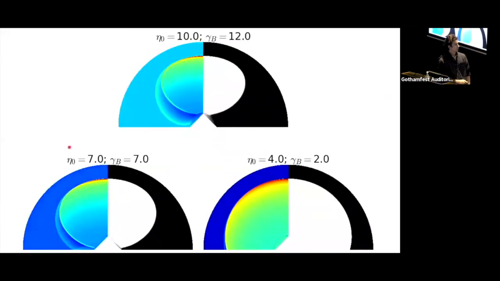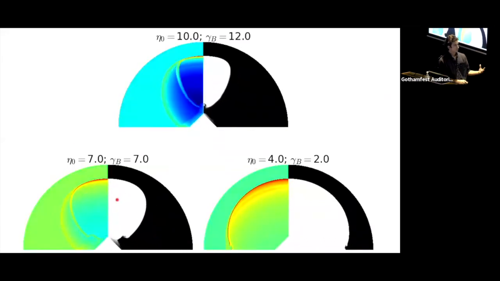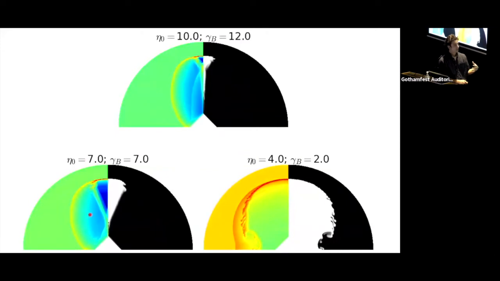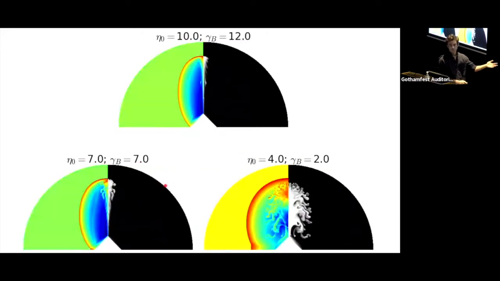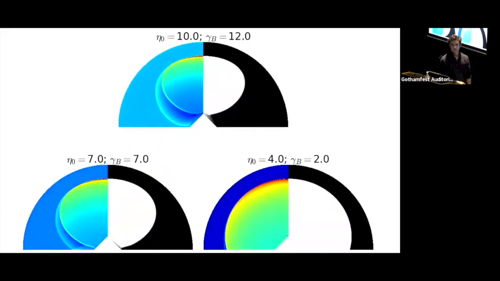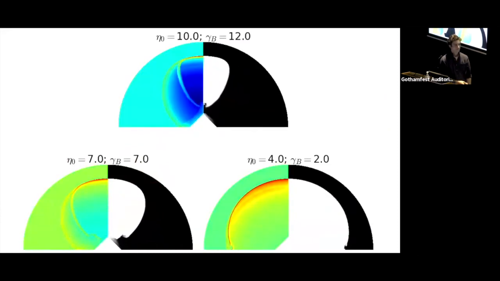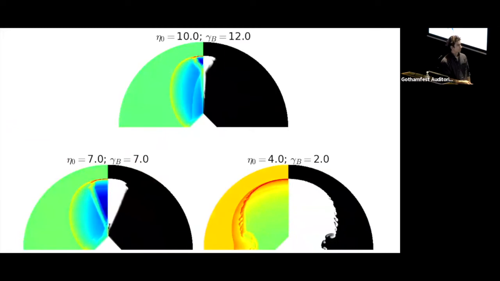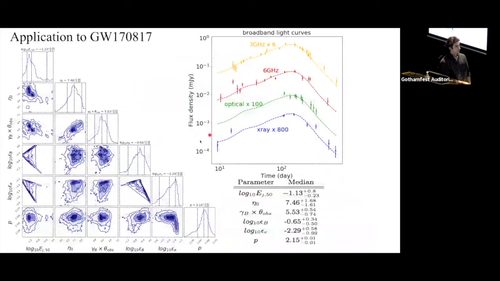So eta naught is the energy in the rest frame of the outflow, and then you boost it with a factor of gamma b, and that creates a more jet-like outflow. There are a couple more that go into it. And then p is the electron distribution power law index. Does that answer your question? All right, cool.